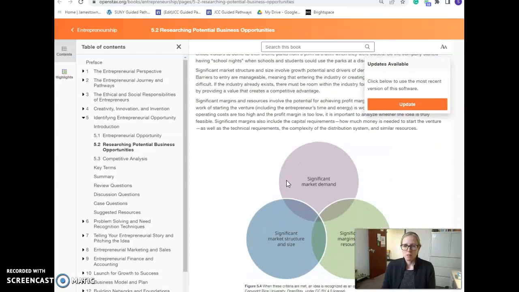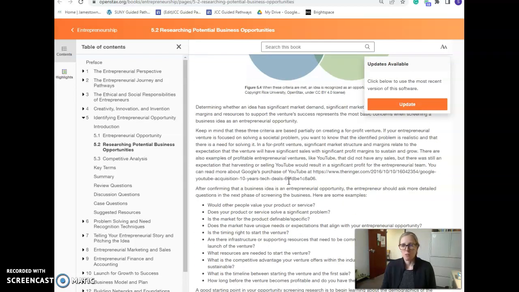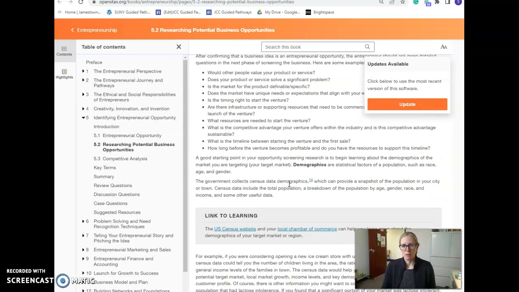You'll see 3 main criteria: that they have a significant market demand, significant margins and resources, and then a significant market structure and size. In this section, you'll read about each of those 3 criteria.